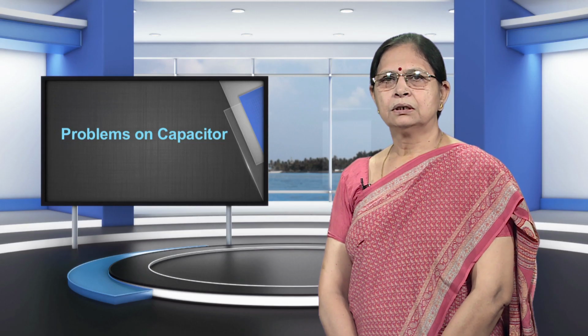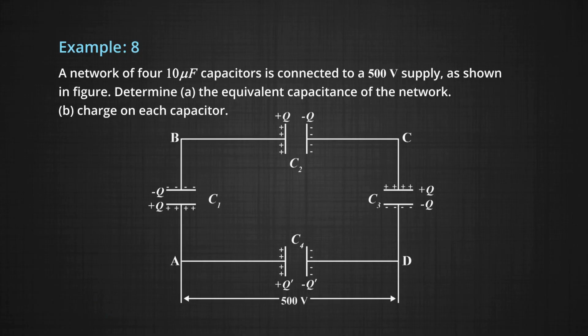Example number 8. A network of 4 10 microfarad capacitors is connected to a 500 volt supply as shown in the figure. Determine part A, the equivalent capacitance of the network, and part B, the charge on each capacitor. Now, the solution.